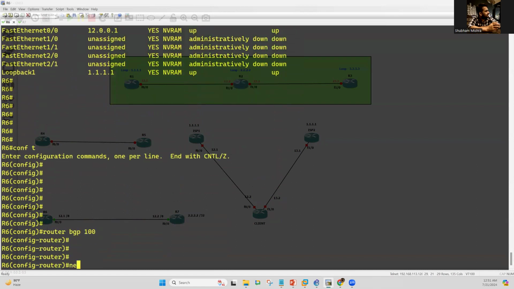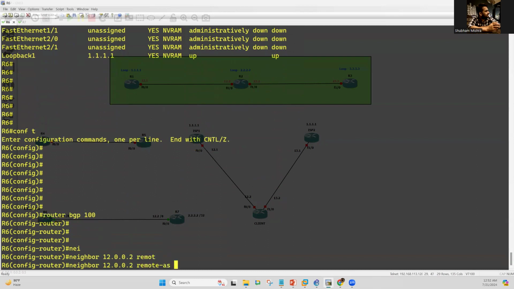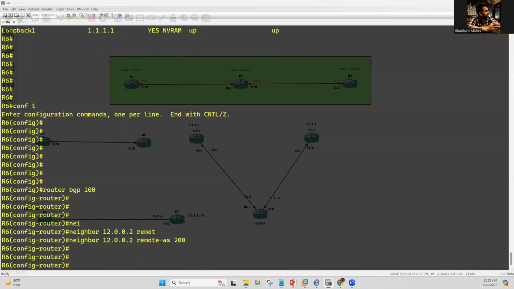After that, you have to write the neighbor command. The neighbor will be 12.0.0.2. After that, you have to write the AS number of your neighbor with the remote-as command. The AS number of my neighbor will be 200. So I am writing neighbor 12.0.0.2 remote-as 200. Getting my point? Anyone who does not understand?